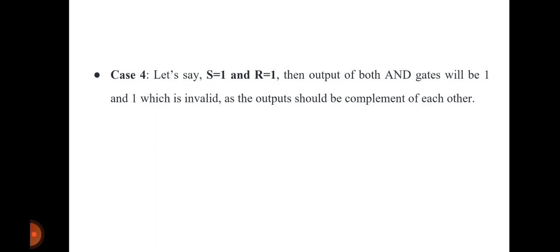And the last and final fourth case is that both the set and reset inputs of the SR flip-flop are high, that is 1. Then the output of both AND gates will be 1 and 1, which is invalid, as the outputs should be complements of each other.